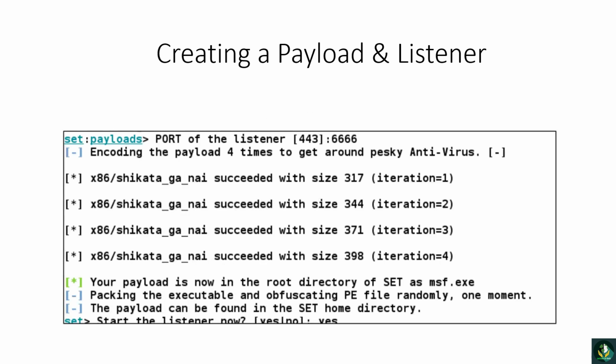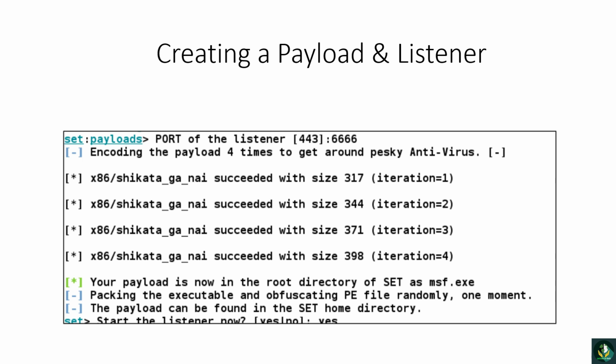After choosing the encoding scheme, let's define the port required to handle the incoming connections from the targeted system. In our case, we will use port number 6666. However, in the case of organizations where restrictions are imposed on random ports, we can go for ports such as 80 and 443, because generally they are not blocked.